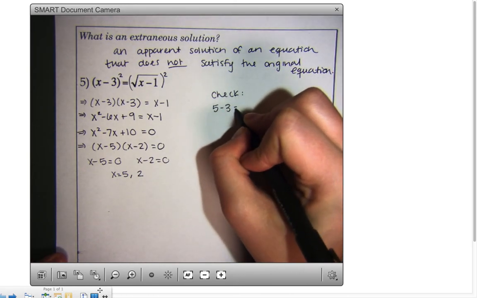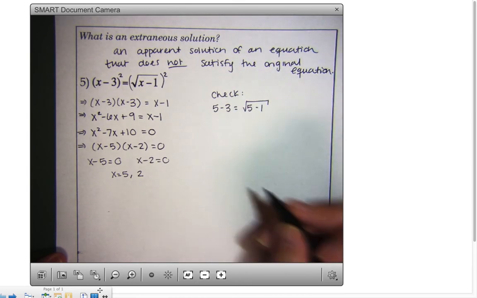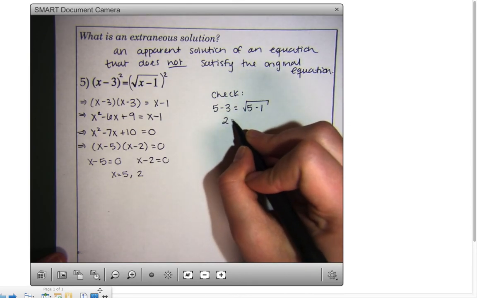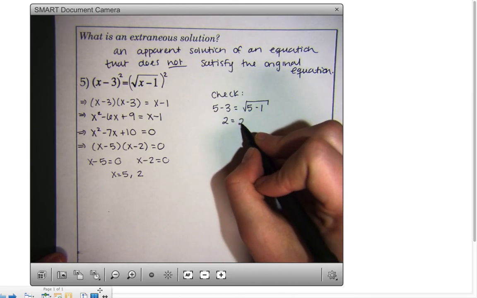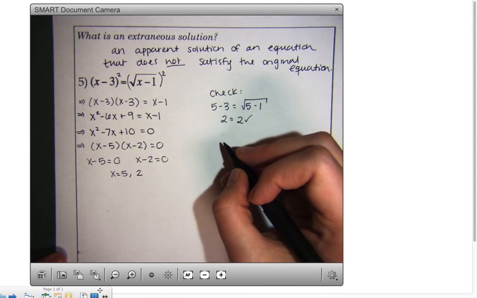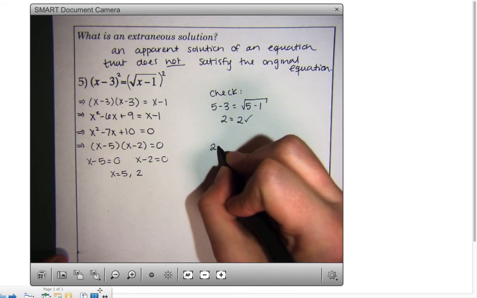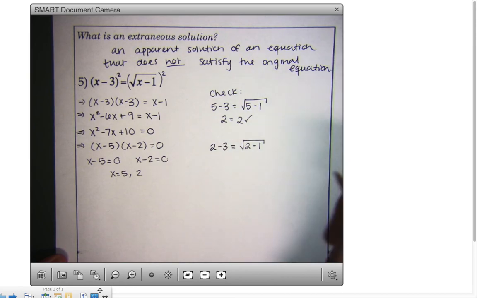5 - 3 equals the square root of 5 - 1. 5 - 3 is 2. The square root of 5 - 1, that is 4, so the square root of 4 is 2. 5 is an answer. Let's try 2. 2 - 3 equals the square root of 2 - 1.